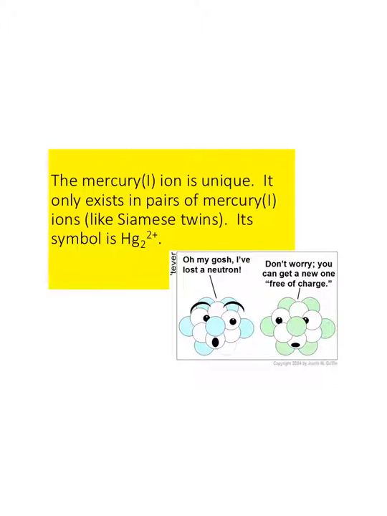So for mercury, which is Hg on the periodic table, mercury 1 is actually Hg2. Like I said, it's kind of like the diatomics. Hg2 with a 2+ charge. So this is one we don't see very often, but you just kind of need to plug into memory, or at least remember that there's something different about it.